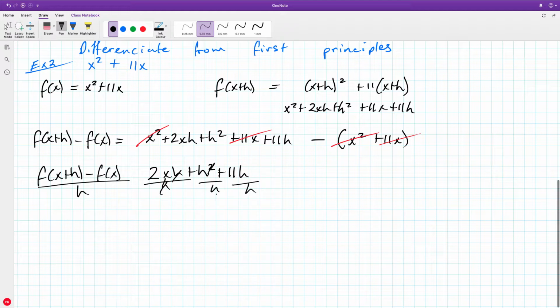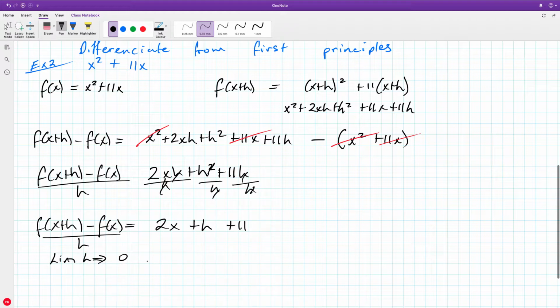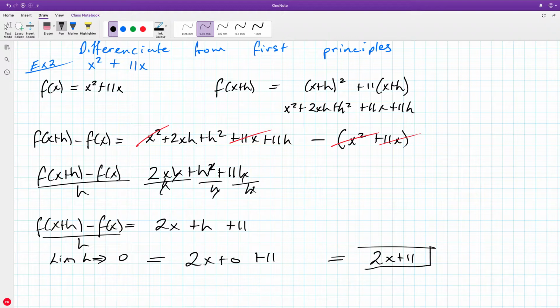So your last line then is 2x plus h plus 11, and that's the function of x plus h minus the function of x over h as h approaches 0, which is equal to 2x plus 0 plus 11, which is 2x plus 11. H goes to 0. And we know that's right because you quick differentiate x squared plus 11x, you get it right.